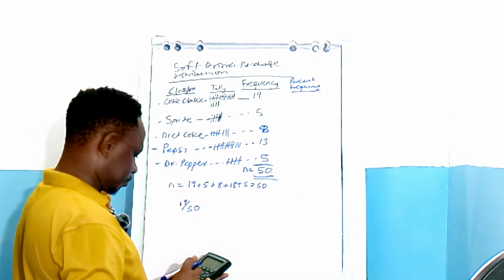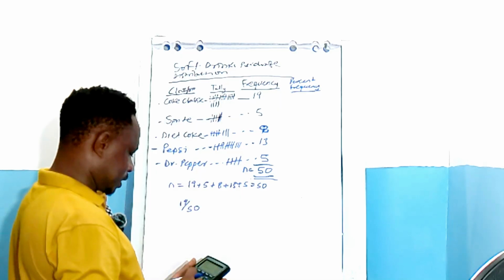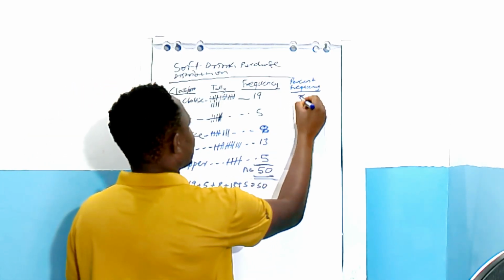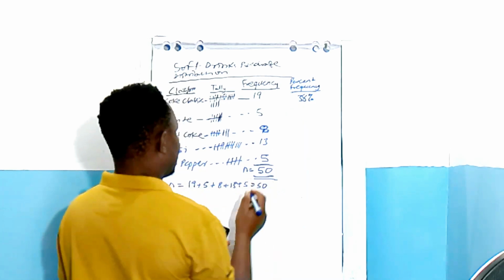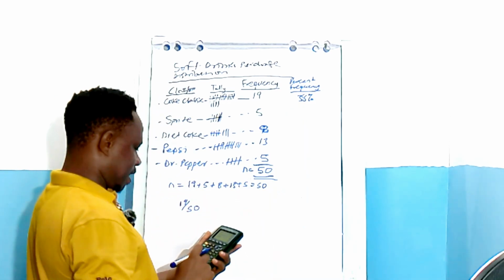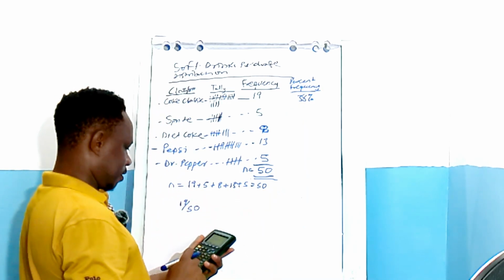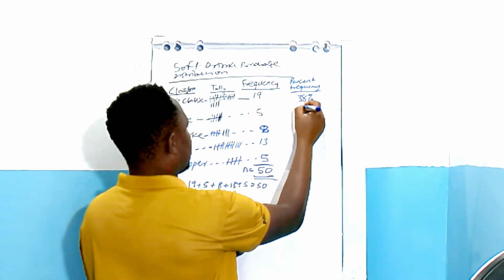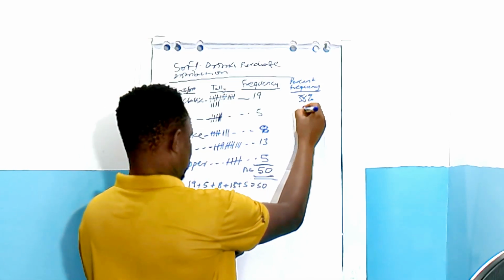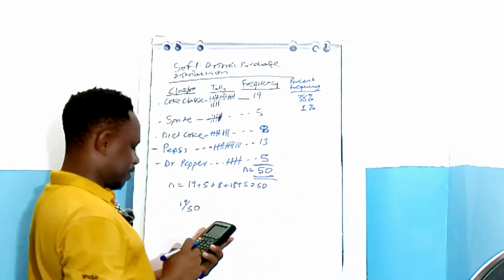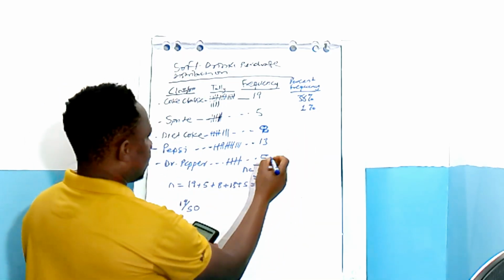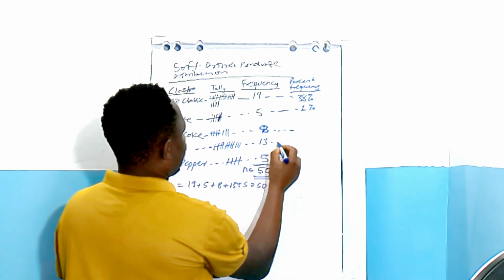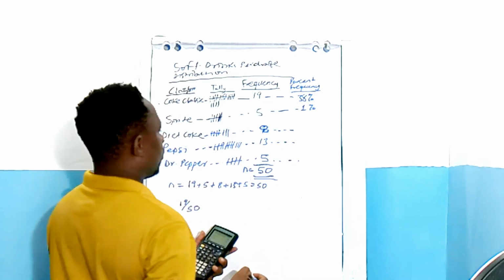19 divided by 50 gives us 38%. The next one will be 5 divided by 50, which gives us 10%. 5 divided by 50, 10%.